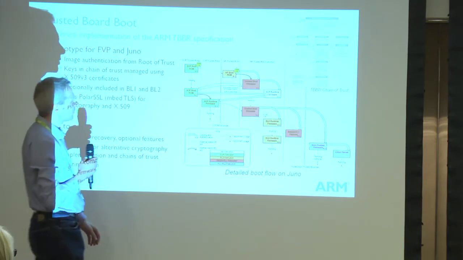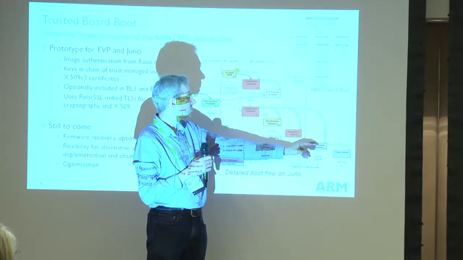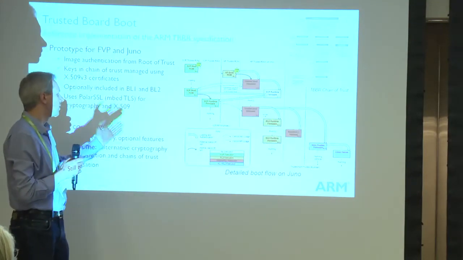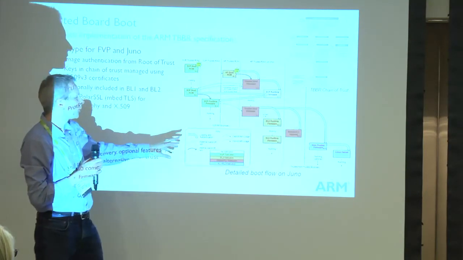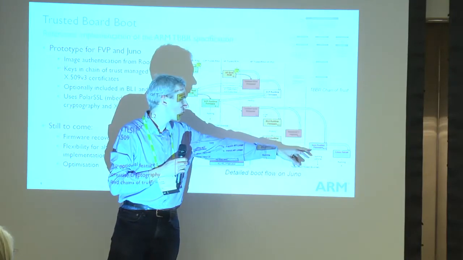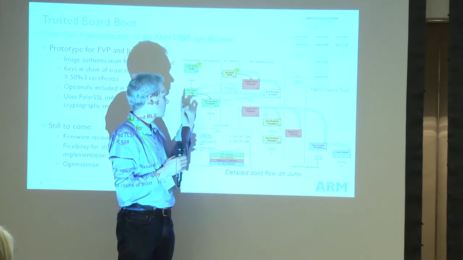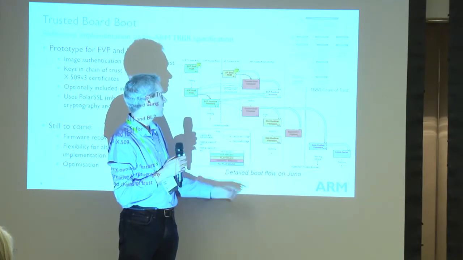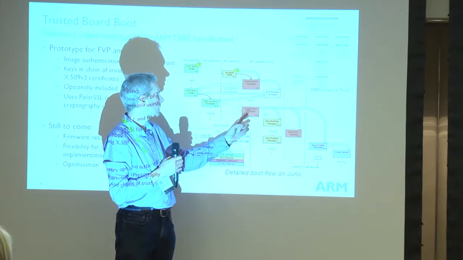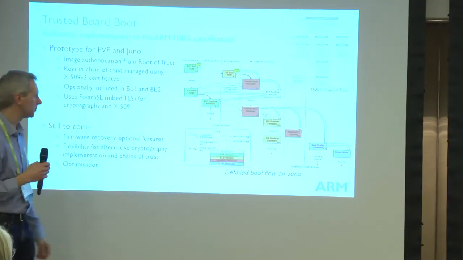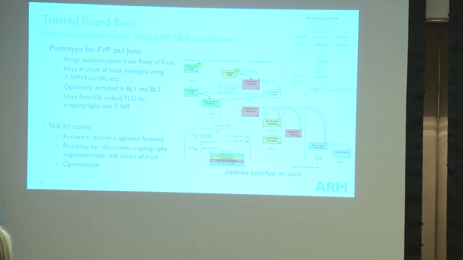Yeah, I mean, you could in theory decide to try and run this from Flash or something, but then you haven't quite got the authentication. But the expected flow is that this has been loaded into RAM and authenticated in RAM, and therefore somewhere in the previous stages, either on a separate processor or possibly at this point, you've done the DDR initialization in BL2 so that it can start loading something large like UEFI or U-boot into DDR.